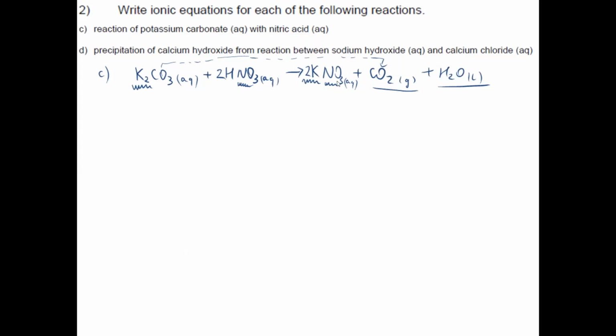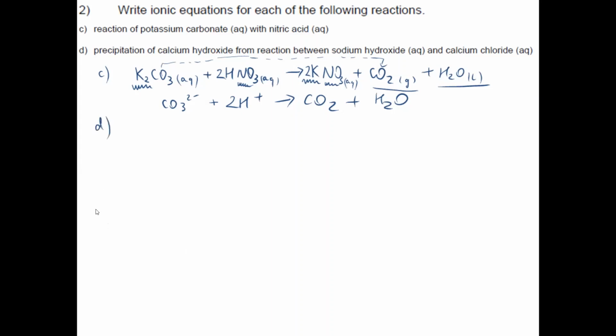So here, K's are going to cancel out, so I'm left with CO3 2 minus plus 2H plus gives me CO2 plus water. So you can see what happened in here. The oxygen was lost to the H pluses, made water, and CO3 becomes a CO2. So that was a bit fast.